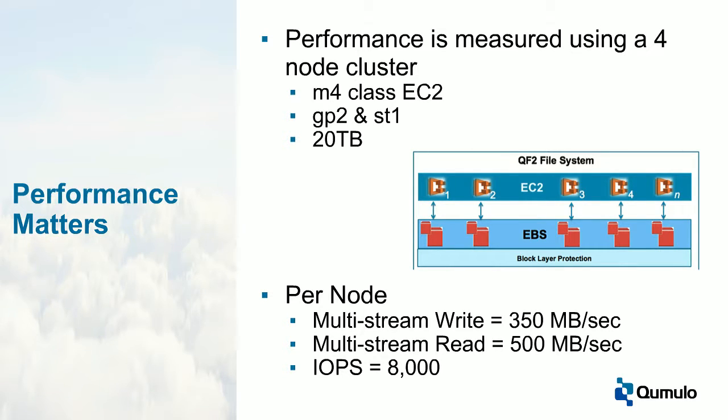FuseFX at times were getting throughput of about 20% higher than this at peak levels, and they hit IOPS on their 4-node cluster of almost 50,000 at one point off of 4 nodes. So very high performance, likely the highest performance file system that you can run inside of the public cloud today, and that allows you to take advantage of that elasticity in your computing.